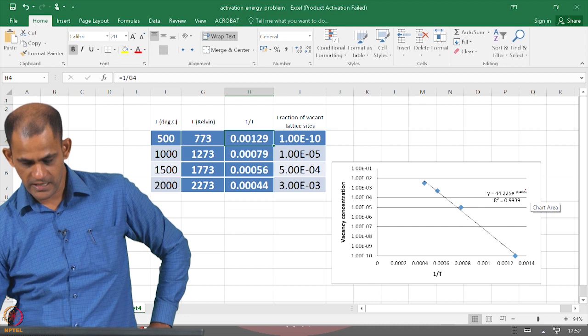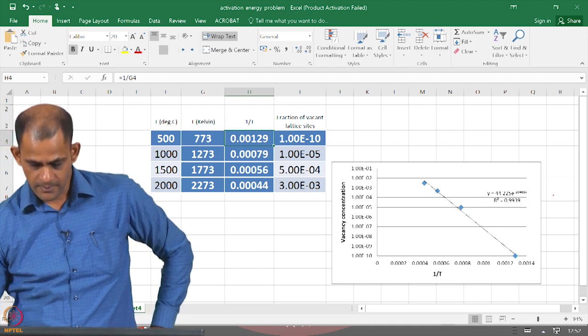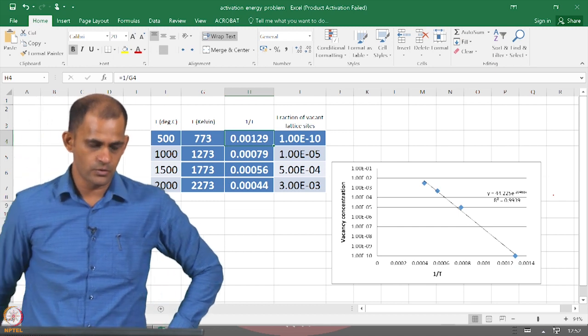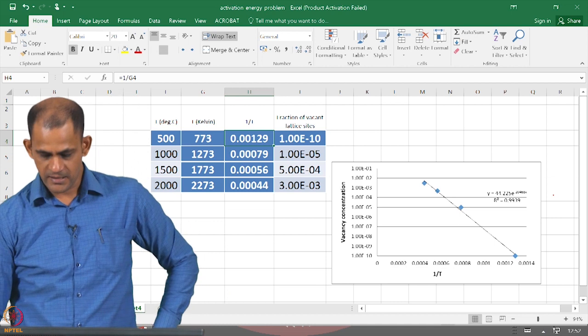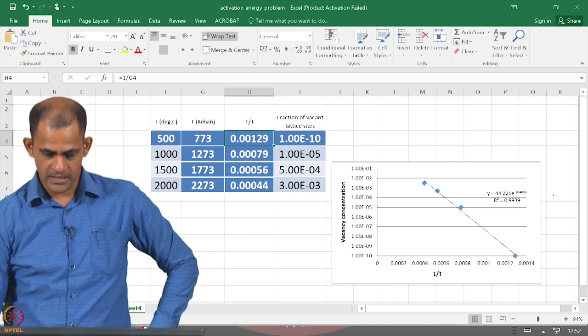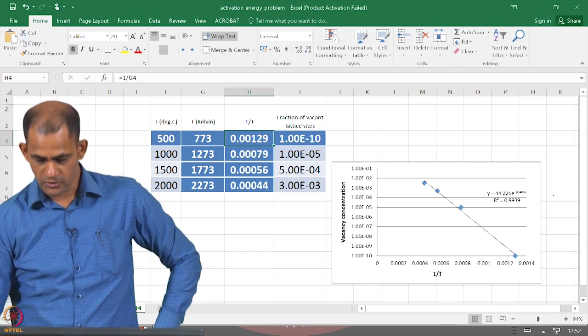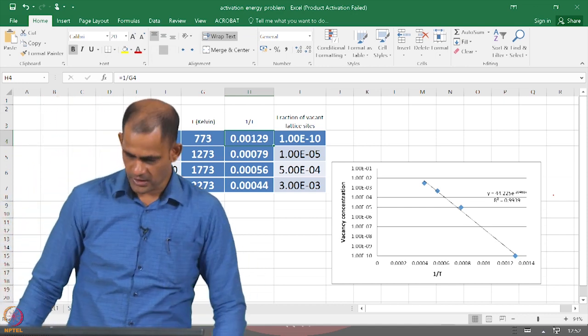If you look at the exponential term, you have minus 20468 into x, and x we know is 1 over T, and the other term is equal to Q over R. So, 20468 is actually Q over R.